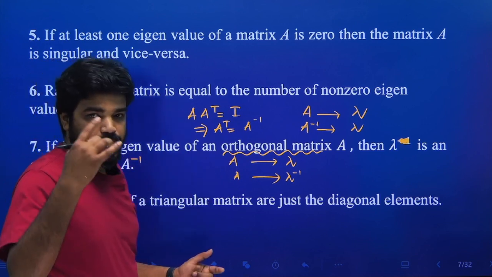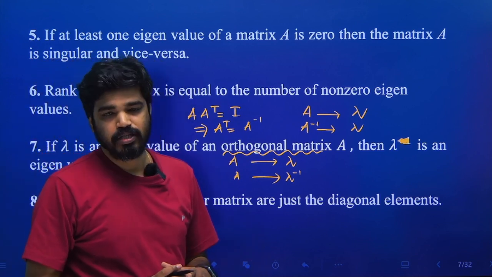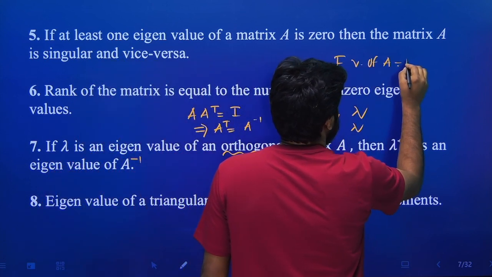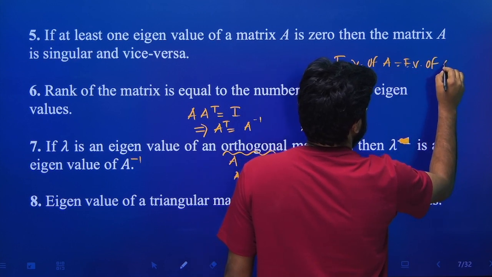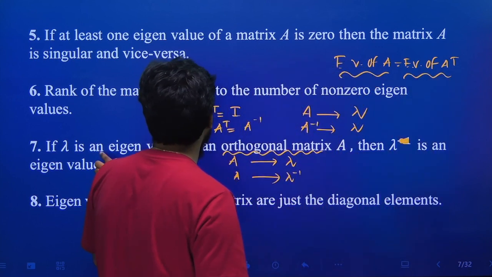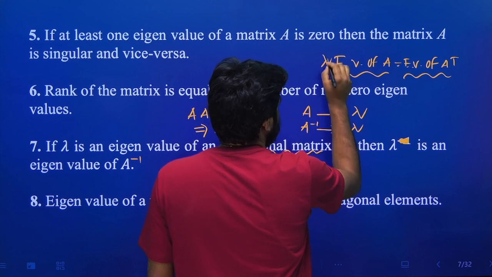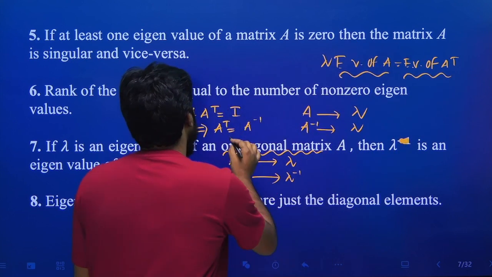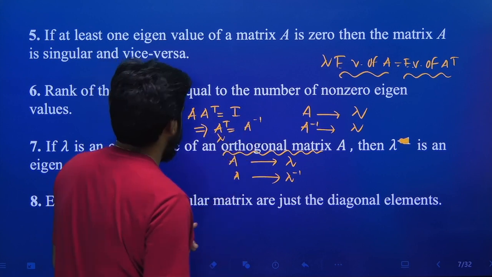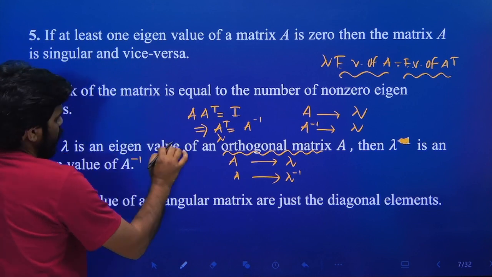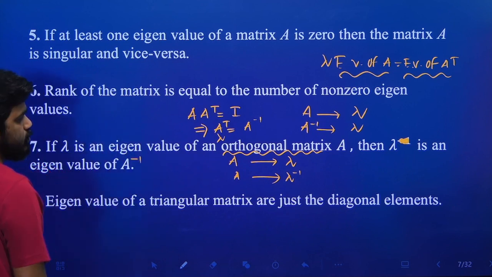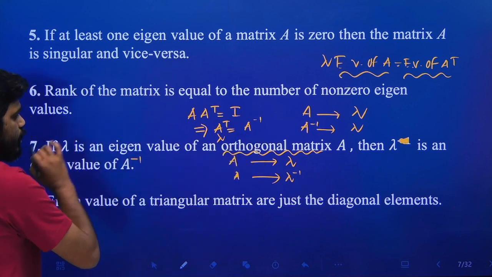We know that the eigenvalues of A and A transpose are the same. Eigenvalues of A is equal to eigenvalues of A transpose, right? So if the eigenvalue of A is lambda, then the eigenvalue of A transpose is also lambda. Then the eigenvalue of A inverse will be lambda. So please correct this: if lambda is an eigenvalue of an orthogonal matrix A, then lambda is an eigenvalue of A inverse.